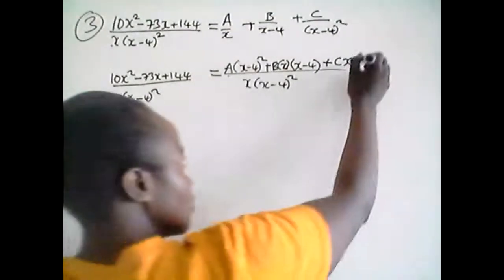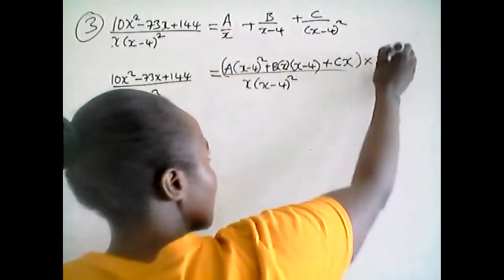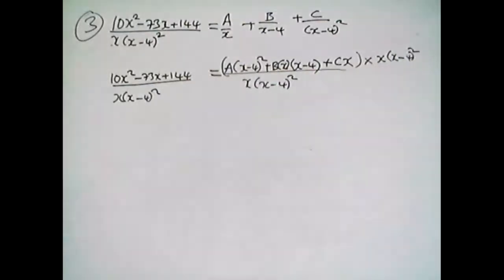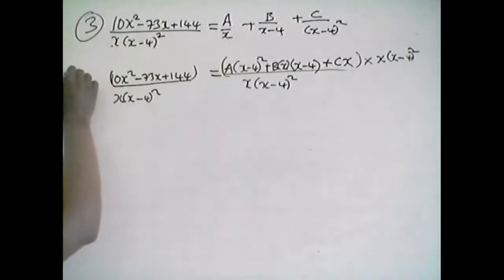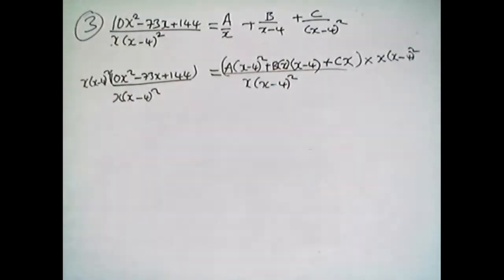Let me show you what I'm saying. You multiply by x minus 4 squared, and we also do the same on this side.